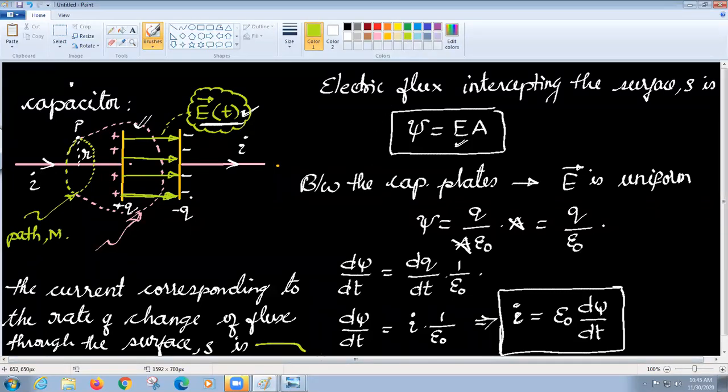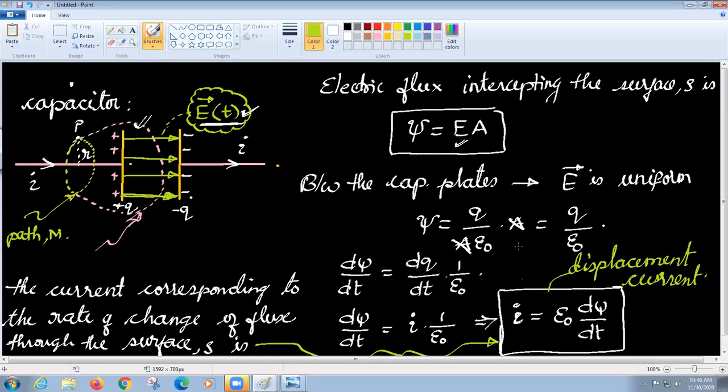So this beautifully obtained current I is equal to this. And this current, you would call it displacement current.